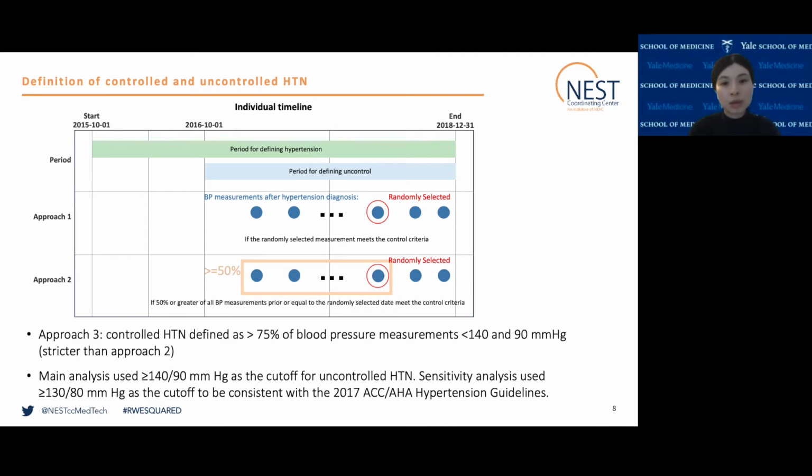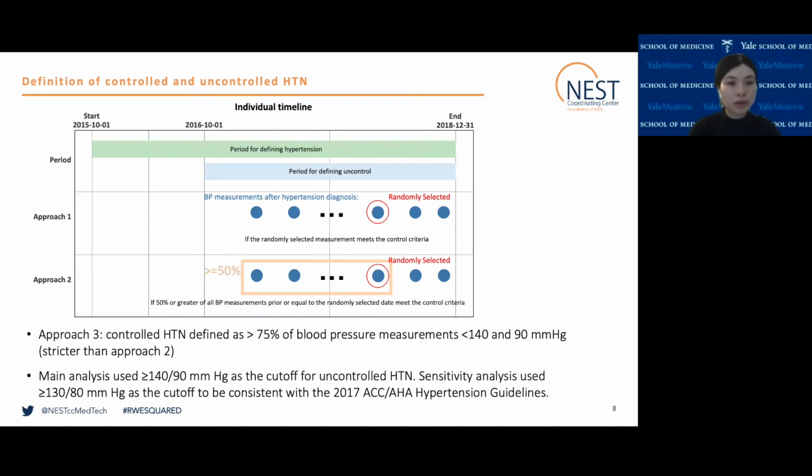Approach 1 is focused on 1 blood pressure measurement. In approach 2, we look at a range of blood pressure measurements. If 50% or more of the measurements are above the control target, we consider the patient uncontrolled. Vice versa, if 50% or more are below the control target, it is considered controlled hypertension.